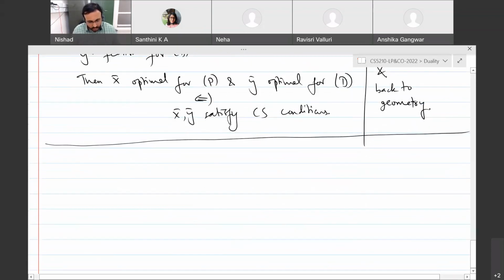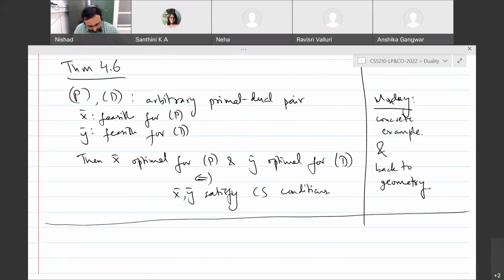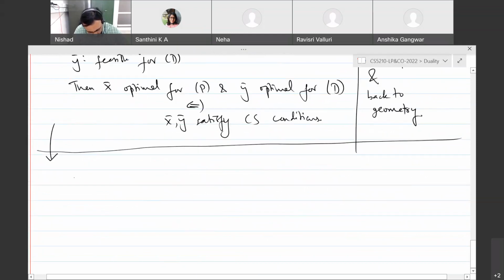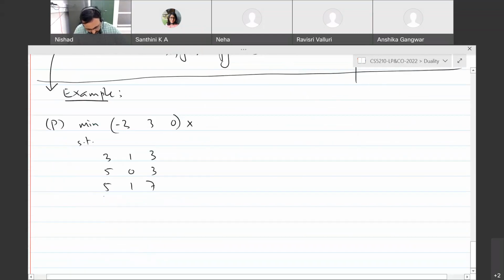Okay, so I just want to do one quick question of an application, or let's say a concrete example of this general theorem. Here is a primal dual pair, and I just want to write down the CS conditions. The primal is minimize -330 x subject to the following constraints: 313, 503, 517, and 831.